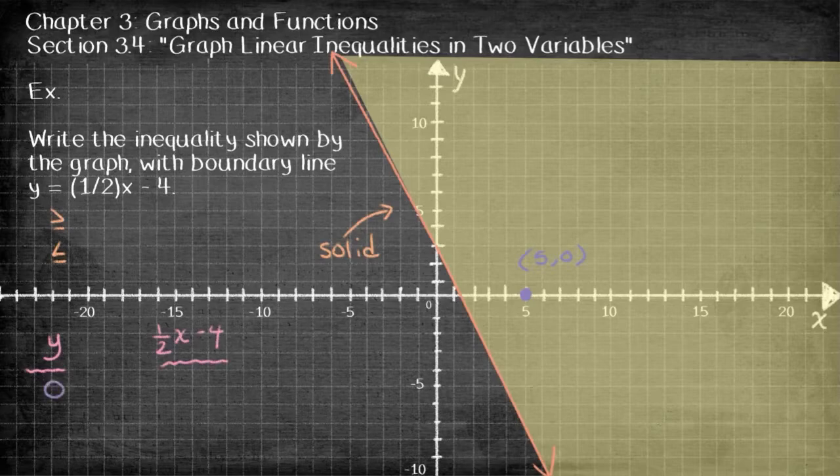At my test point, the y value is 0, and I want to figure out what 1/2 x minus 4 is for this particular point. So I have 1/2 times 5 minus 4, which would give us 5/2 minus 4, or -3/2.